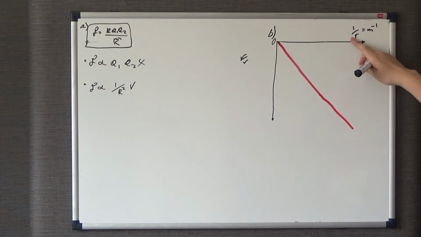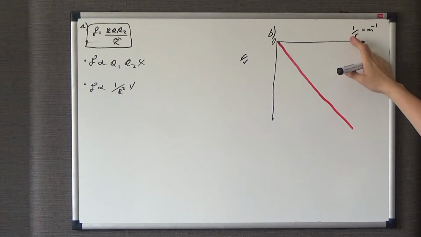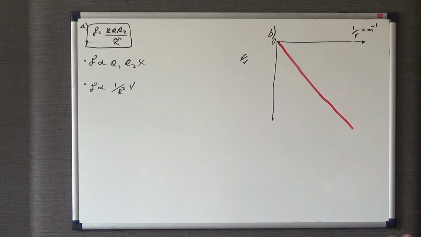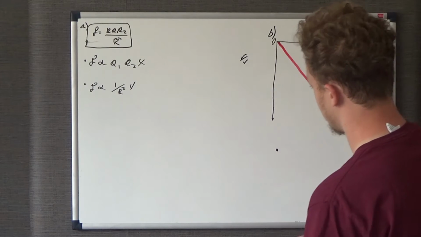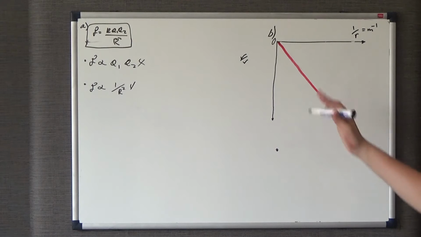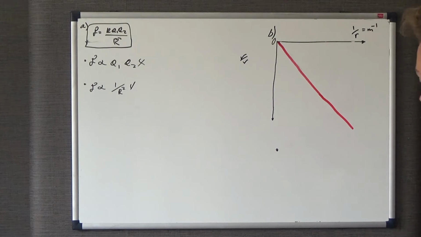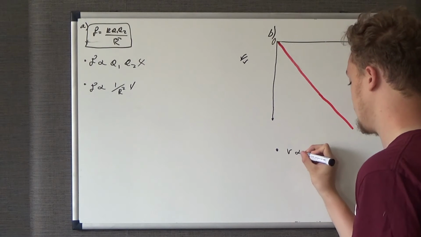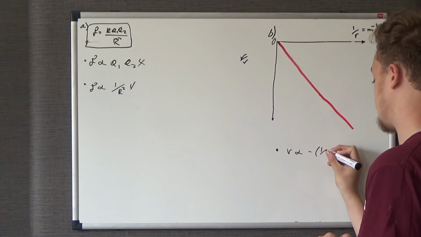If it was just r, then it would be inversely proportional, but this is 1 over r. That's the first thing that you would state, and obviously there's a negative relationship as well, because this has got a negative gradient.